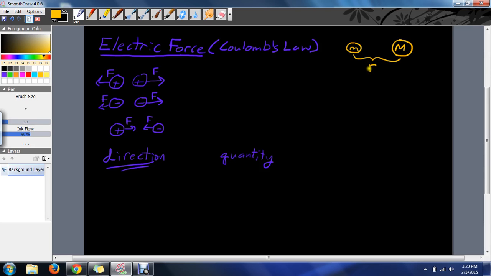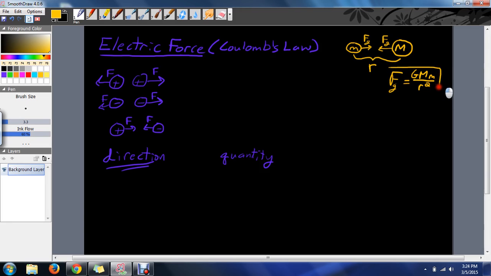I think we'll call it r. Then the gravitational force that each of them experience, which of course will be equal and opposite due to Newton's third law, is given by the equation G m M over r squared.